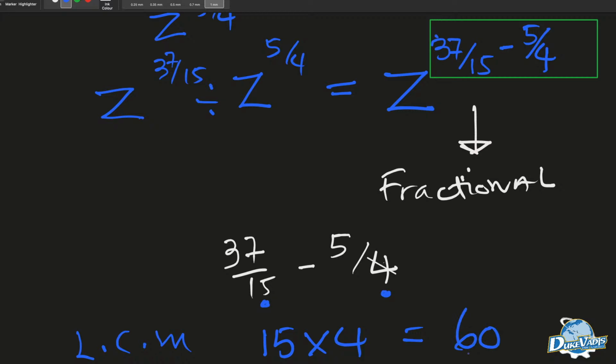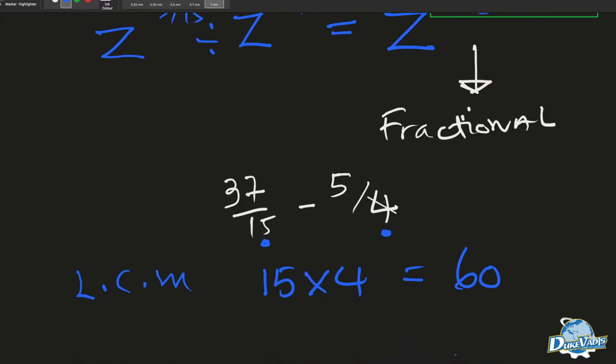Friends, what do you do once again? Now we have our LCM as we did earlier. So we say this is all divisible by 60.